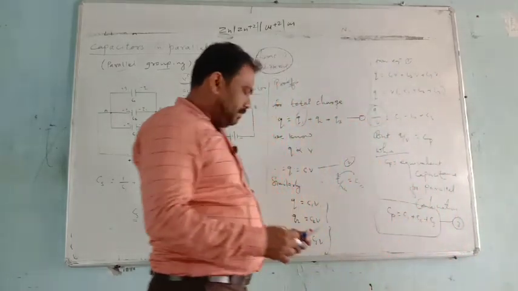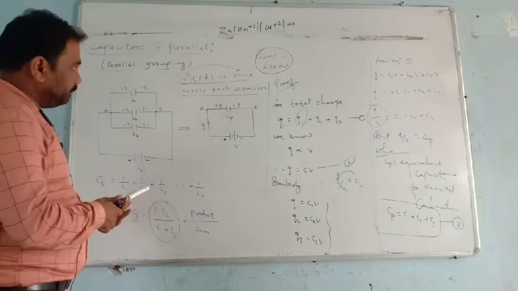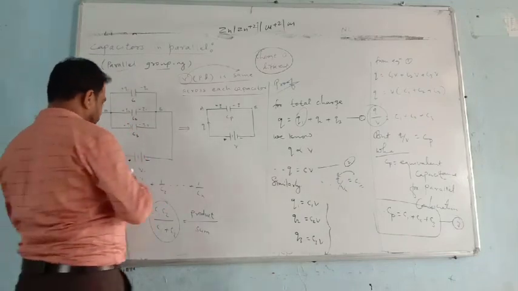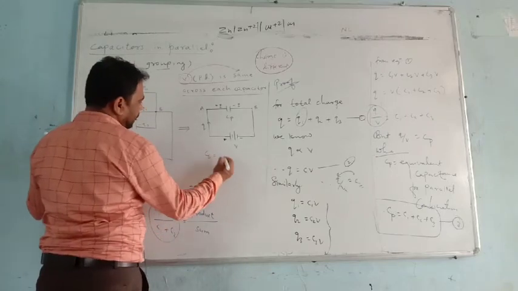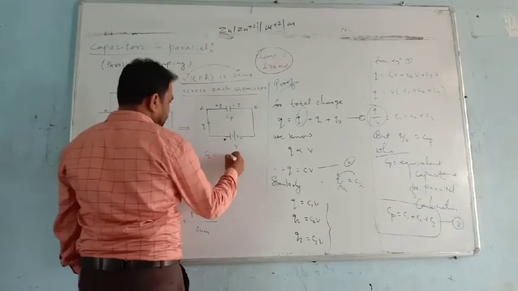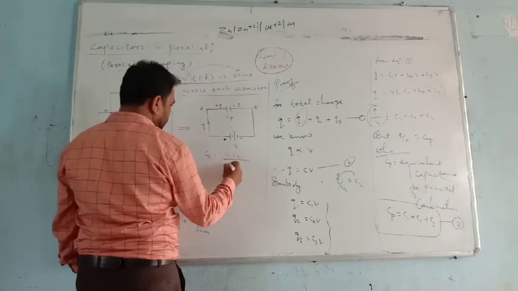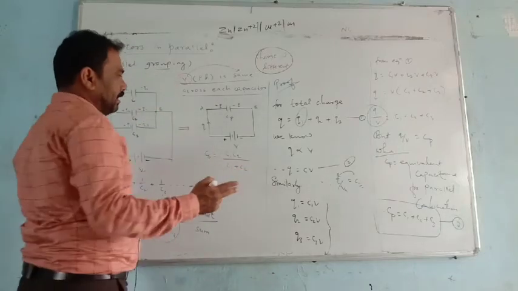Now you can keep two formulas in your mind. Which are they? The first formula is for Cs, the equivalent capacitance for series combination. It is C1 into C2 upon C1 plus C2 if two capacitors are there.